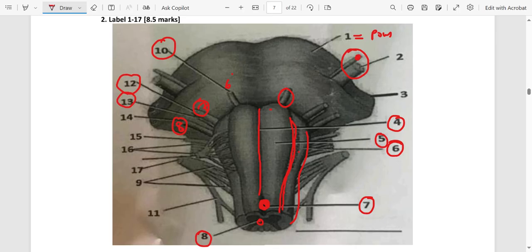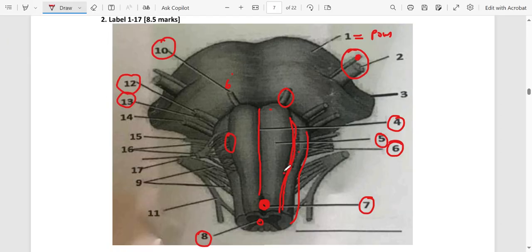There's only one cranial nerve that is alone, and it is in the pre-olivary fissure. What is the name of that cranial nerve? Yes, cranial nerve number 12 is just alone in the pre-olivary fissure.